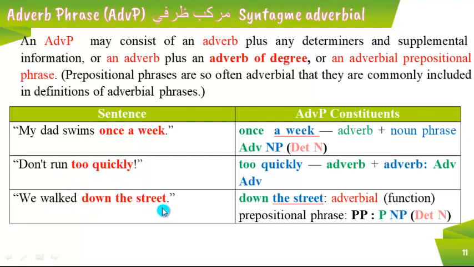We walked down the street. Down the street is adverbial prepositional phrase. This is preposition plus noun phrase, so prepositional phrase. Why do we call it adverbial? Because there is no adverb here. This is preposition. In the dictionary, if it is used by itself in a sentence, for example, come down, down is adverb.